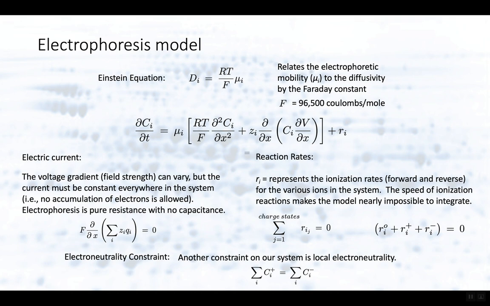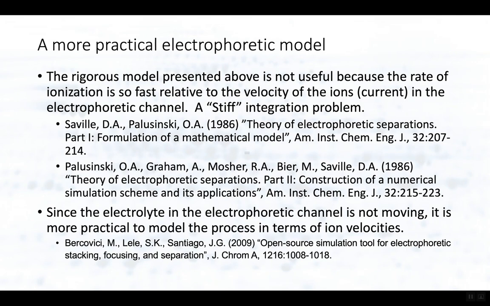So it's a very difficult system to actually integrate and to solve. Okay, this rigorous model is not particularly useful because of that. It presents a stiff integration problem. This has been covered by Dudley Seville at Princeton and his co-workers in 2 articles. They talk about how you do this and the limitations of their numerical integration.